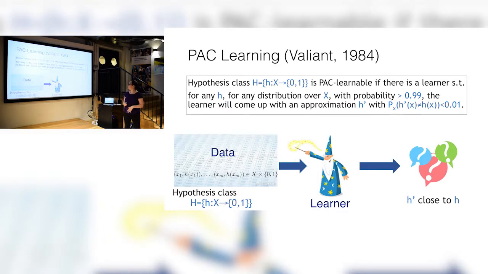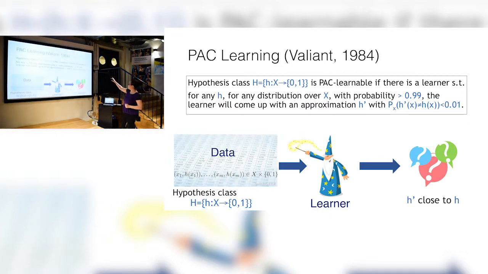And then our learning algorithm should return some hypothesis. But how can we tell if some hypothesis is correct or not? What we would like is to return a hypothesis which is close to the correct one.